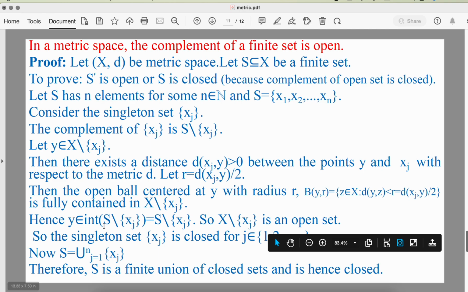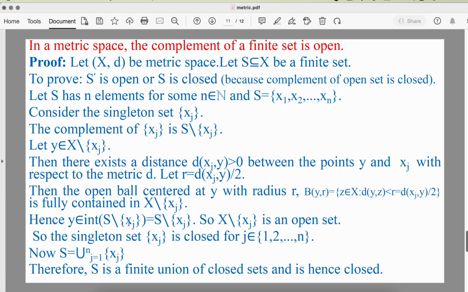Hence y belongs to the interior of X minus {xj}. By the definition of interior point, it means X minus {xj} is an open set.